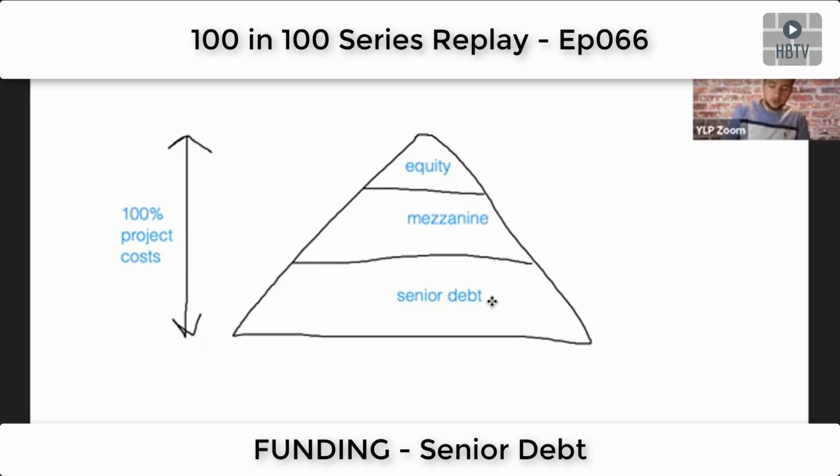As I said, they take first charge, and usually they fund up to 65% of your GDV, or 80% of total cost.